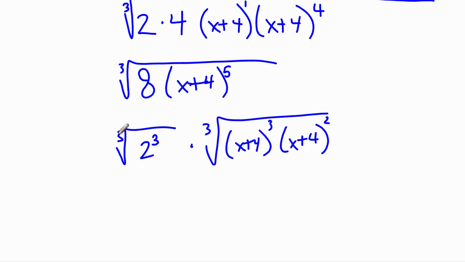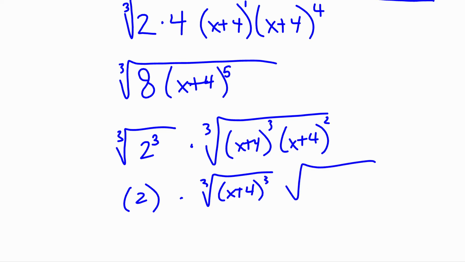This one, let me just figure out, cube, and this is cube root, and cube, those cancel. So from that first thing, all I have is a 2. No more cube root. This one, let me separate, so it could be the cube root of x plus 4 to the cubed times the cube root of x plus 4 squared.